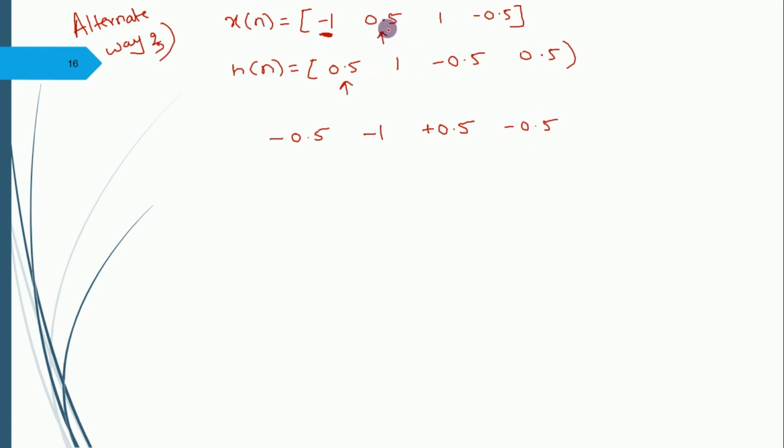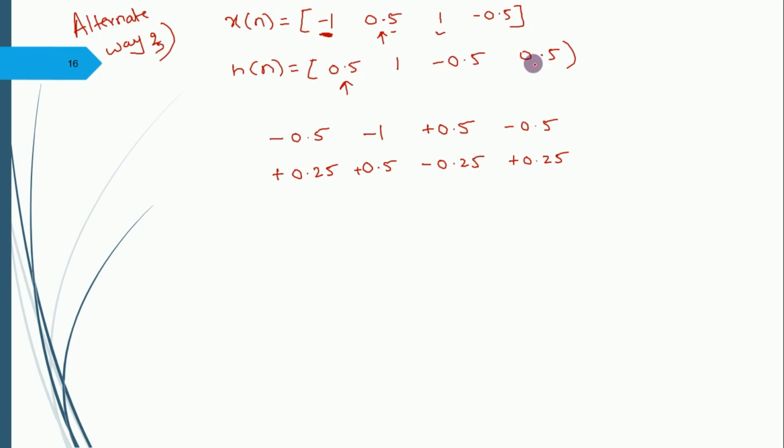Second one, you take this 0.5, multiply it with all these things. 0.5 into 0.5 plus 0.25. 0.5 into 1, 0.5. 0.5 into minus 0.5, minus 0.25. Then 0.5 into 0.5 plus 0.25. Done.